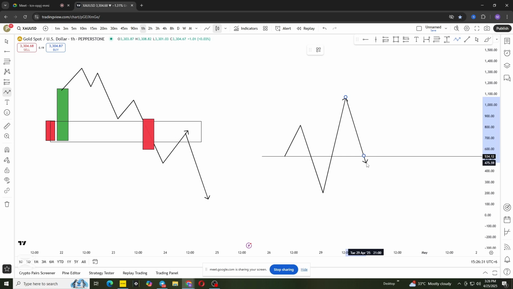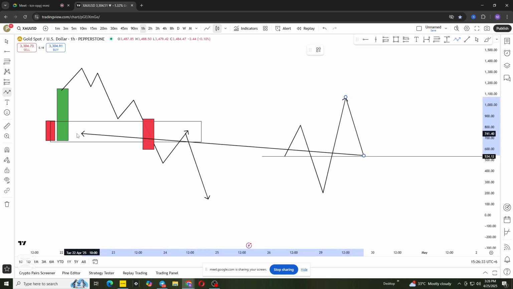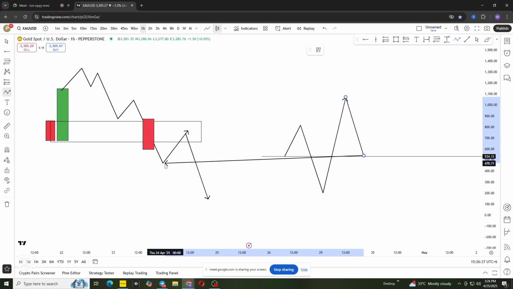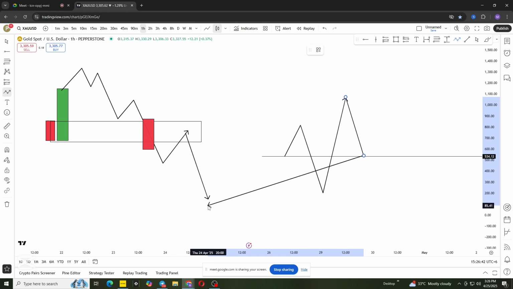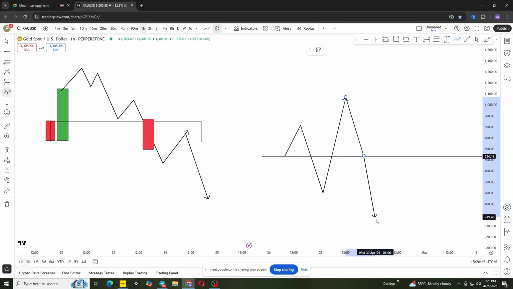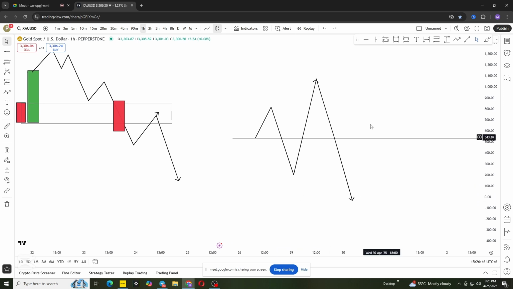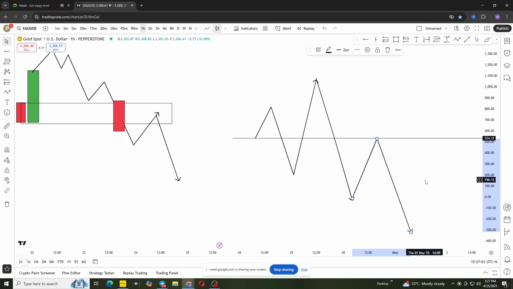If it does not, the same thing happens as here: it did not respect it, it failed. So we just go through this particular area and start to sell. We are going to see something like this. Now what happened is that this QM formation became a failed QM, isn't it? The same thing you can do: when it goes there, you can literally sell from here, you understand?